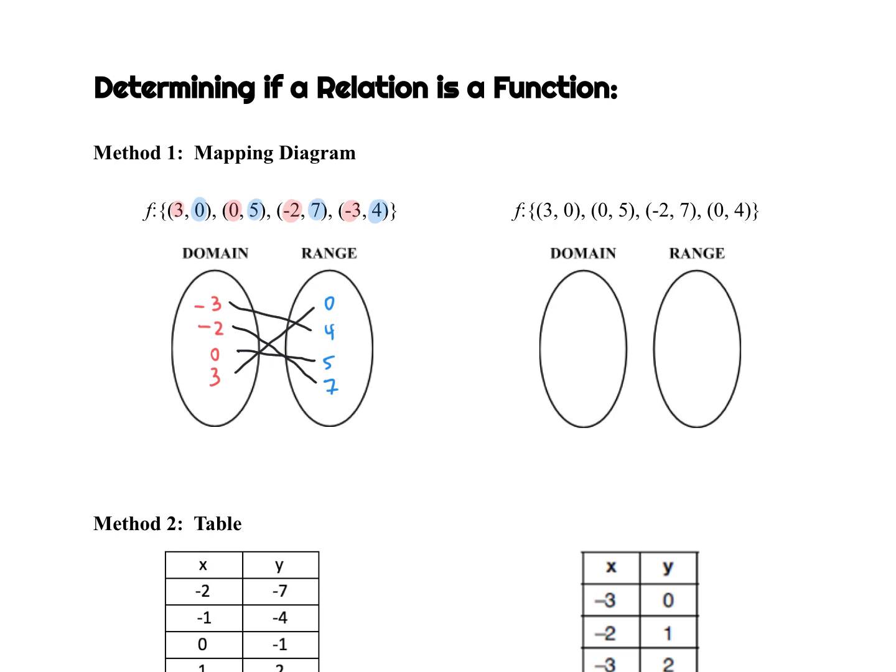And now here's what we want to look at. We want to look at our domains and we want to make sure that these are mapped. That's what the line means. It's mapped. None of these inputs are mapped to more than one place. So -3 only goes one place, -2 only goes one place, etc., etc. So this one is a function because that's the case.